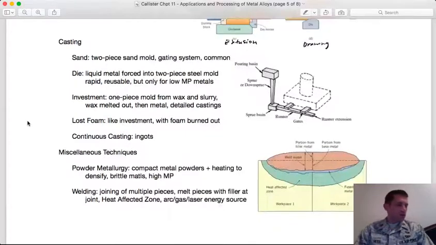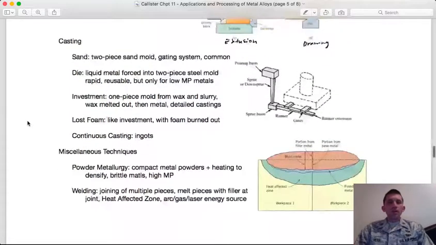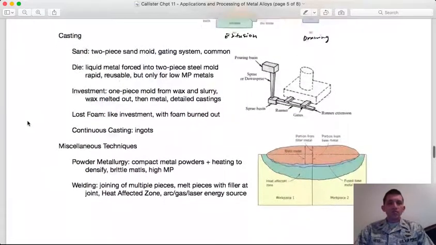Okay, running out of time. Casting. So if it's too brittle to cold work, too brittle to form, then your other option is to cast it. And so you're going to be heating up the material to a molten state and pouring it into some sort of a mold. The different types of casting generally refer to the different ways of making your mold. You can have a sand mold, which is made in two pieces.